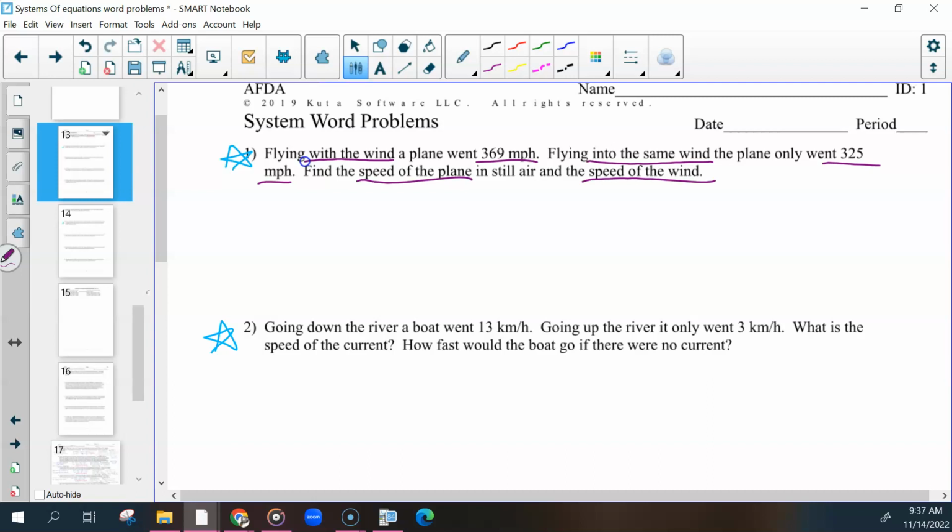I'm going to call them P and W, for the plane speed and the wind speed. The two numbers they give you are going to be your totals.